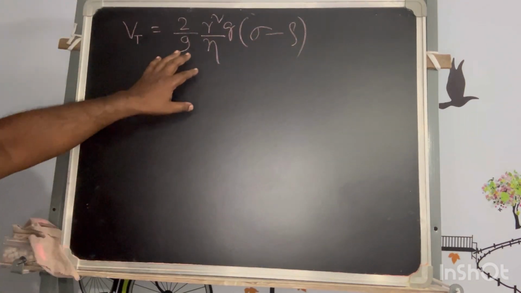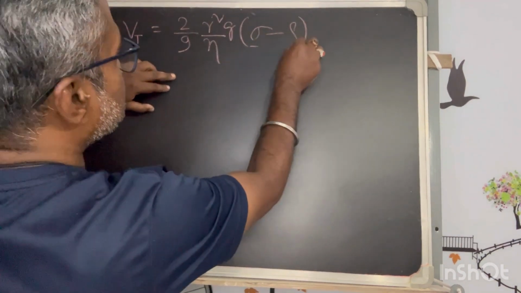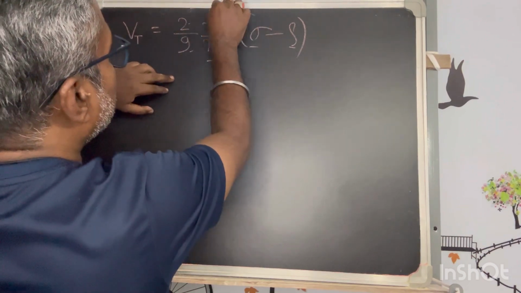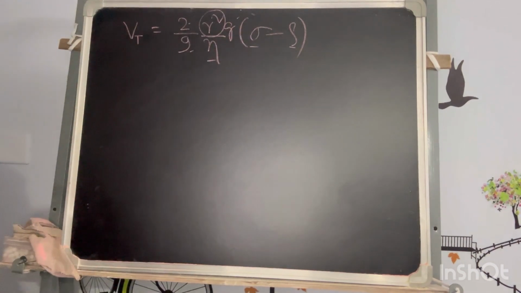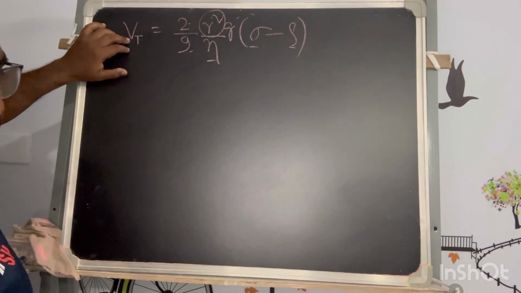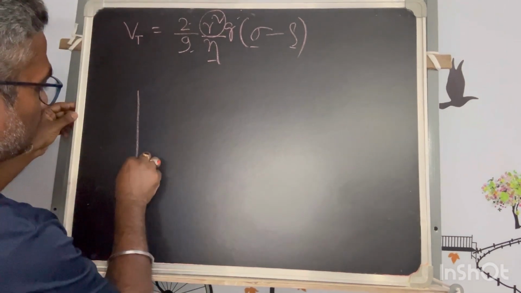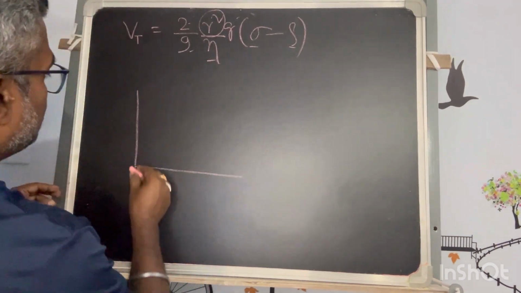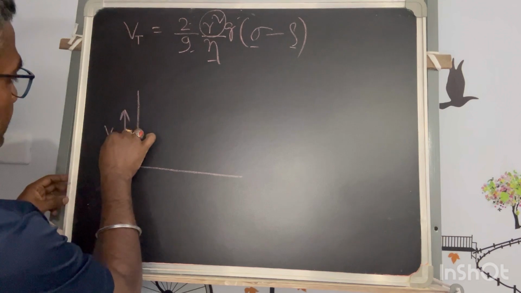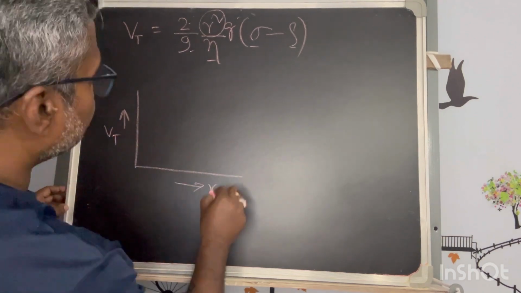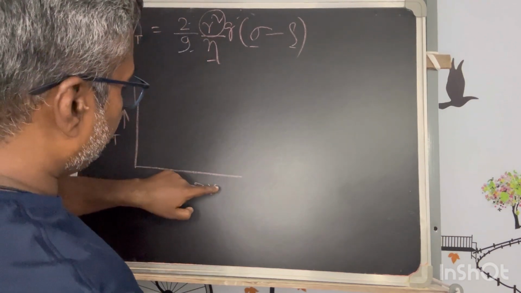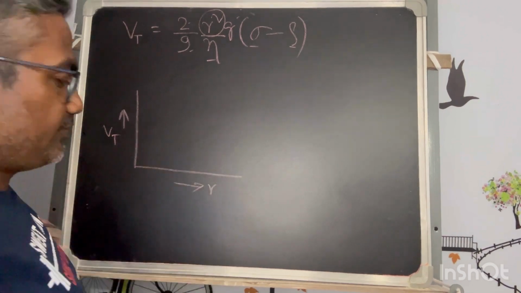This was the formula. Here these are all constant, only the variable is r. So the terminal velocity with the radius varies with the square of the radius.